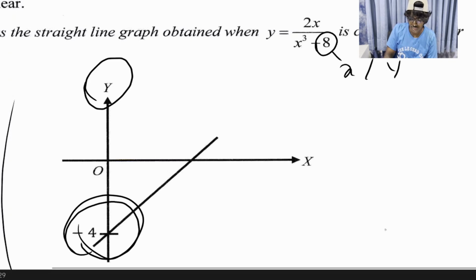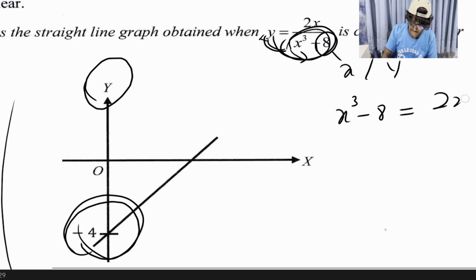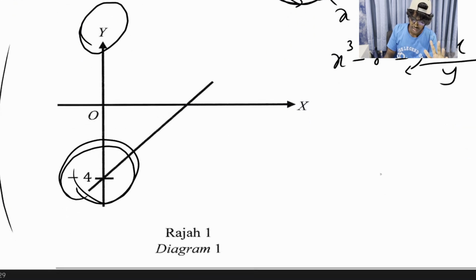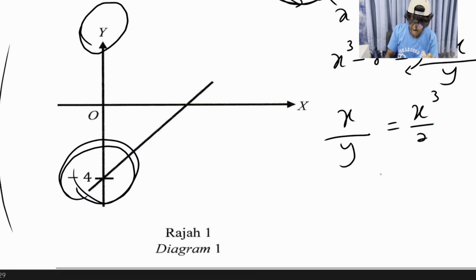So what I'm gonna do is basically I'm gonna take this whole equation, go up here, x to the power of 3 minus 8 equals 2x over y. Now what I can do is I can take this 2 and go down here. So it will look like x over y equals x to the power of 3 over 2 minus 8 over 2.